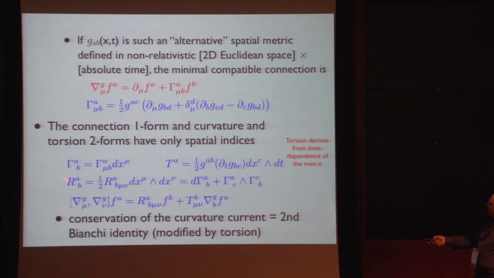Again, as differential forms, they only have indices which are space-like, spatial indices, and we have then this torsion thing. And I was working through this, I was wondering where in this formalism the conservation law of Gaussian curvature was hiding, and it turns out to be the second Bianchi identity, which gets modified by the presence of torsion. The first Bianchi identity actually gives you an expression for the spatial current of curvature.